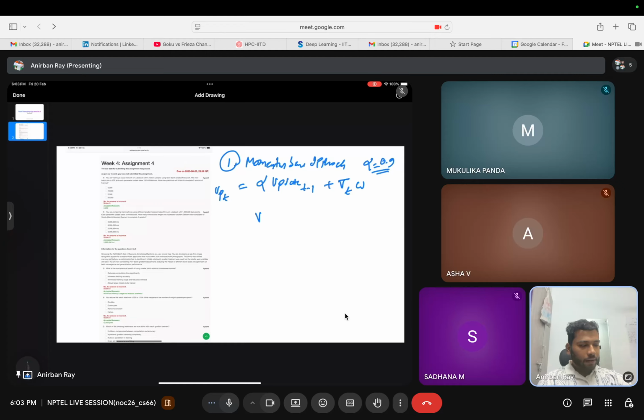Now the w is updated this way. So this is the exponential moving average.